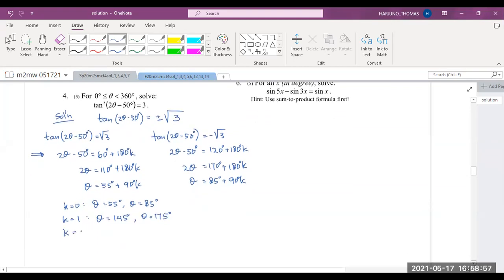Until you go beyond 360 degrees, then you stop. Okay, so these are the solutions in the first interval from 0 to 360 degrees. That's number 4.